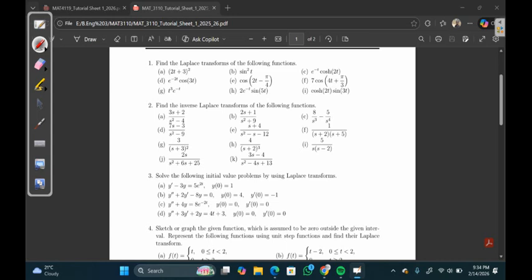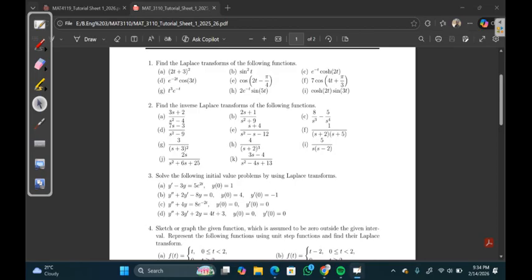Someone pick a question that we can work out. J. So it's 2s divided by s squared plus 6s plus 25.